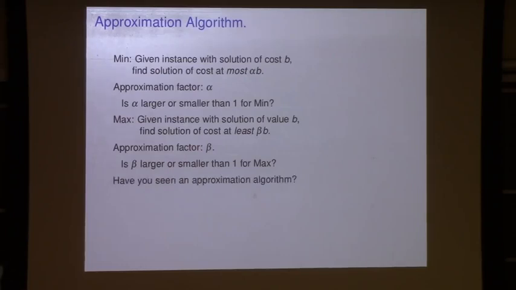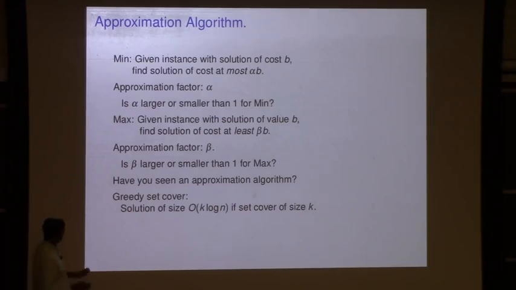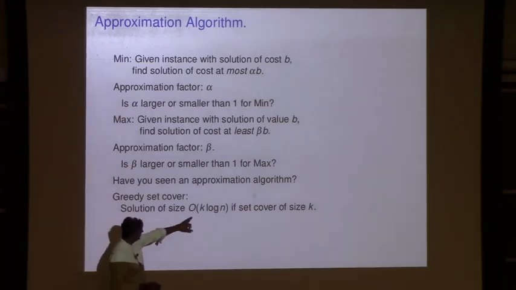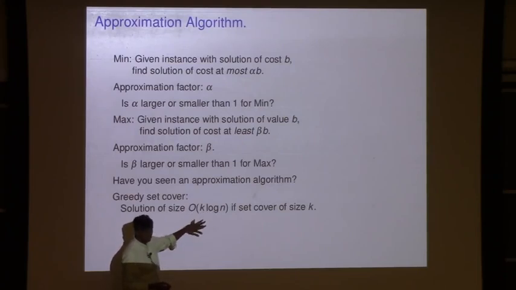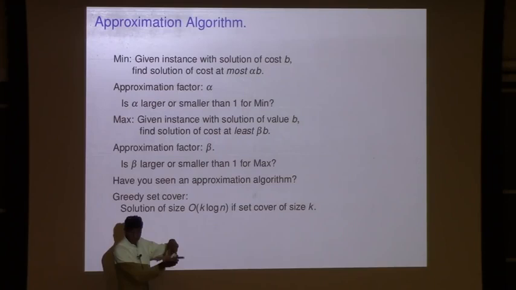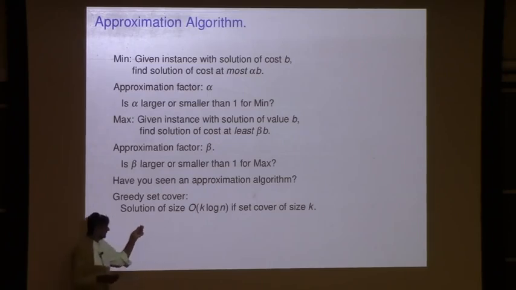Now, the question is, have you seen an approximation algorithm? Well, I told you a long time ago that you have: greedy set cover. The solution of size O of k log n. This is a minimization problem. You're trying to find the minimum number of sets to cover your underlying universe of elements. And we said the greedy algorithm provably always does this well.